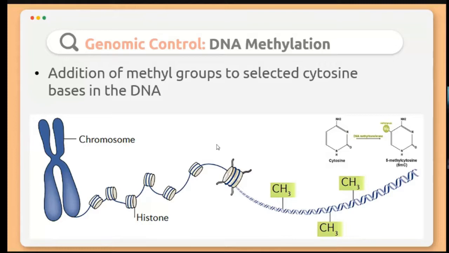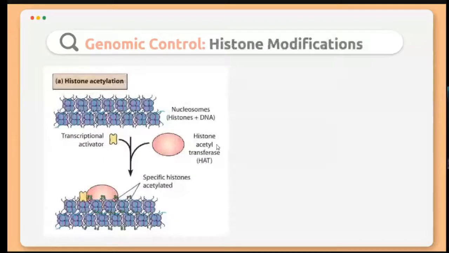Another is histone modification. So first we have this so-called histone acetylation. In histone acetylation, what happens is that first meron ka dibang histones, tapos naka-wrap around doon yung DNA. Yun yung tinatawag mong nucleosome. Ngayon, kung kailangan mo mag-express ng gene na nandito, kailangan mo siya i-open up, di ba? So, paano mo i-open up itong packaging na to? Through histone acetylation.